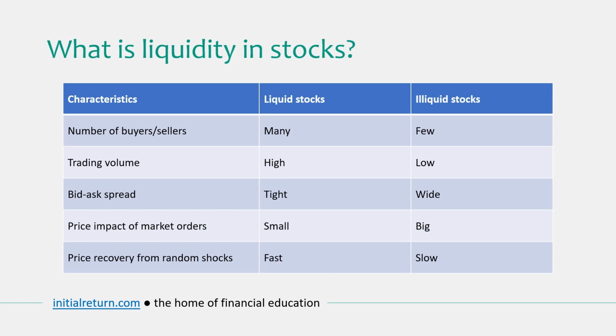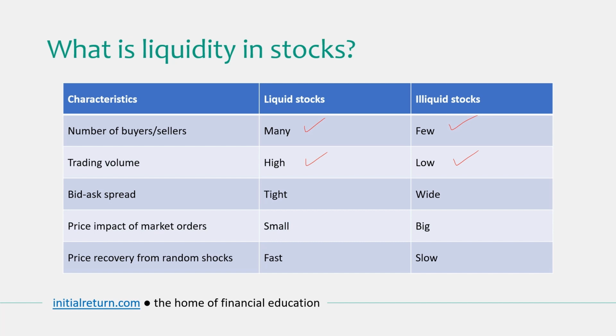So let's summarize the discussion and make a contrast between liquid stocks and illiquid ones. In terms of the number of buyers and sellers, liquid stocks will have many, whereas illiquid stocks will only have few. Remember, for example, the constituents of S&P 500: there are many investors who are willing to trade those stocks at any point in time. And because of that, the trading volume will be high for liquid stocks and low for illiquid stocks.